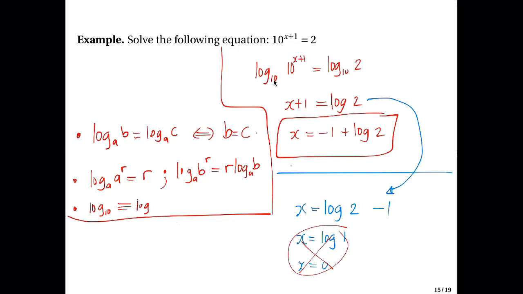So that's why my tip was, you look at the equation, you check the exponential expression if it exists, and then you use the base of that exponential expression as the base of your logarithm.